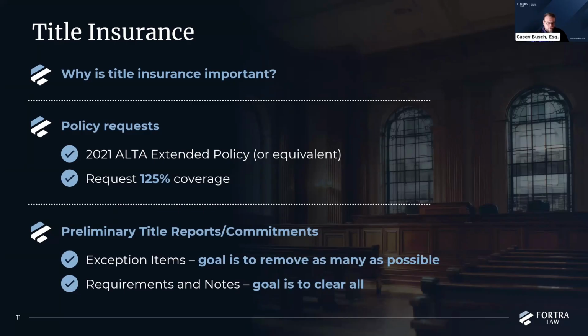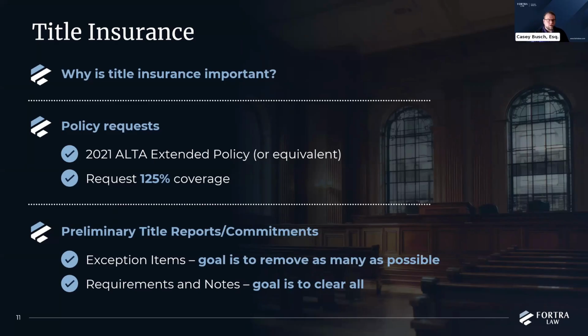And or equivalent here is very important because some states don't necessarily use the ALTA system. Texas, for example, has the TLTA, which is for Texas properties only, and that's the only sort of title policies that they'll issue. Florida uses ALTA, but they have their own endorsements. But you want to ask for 2021 ALTA or equivalent.